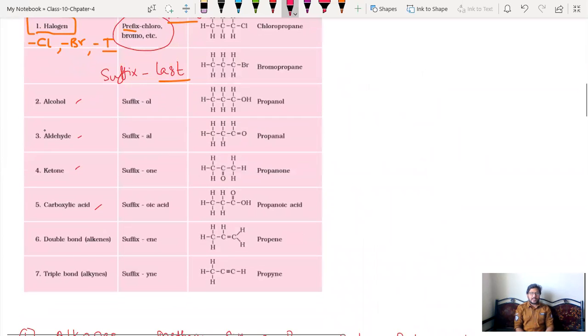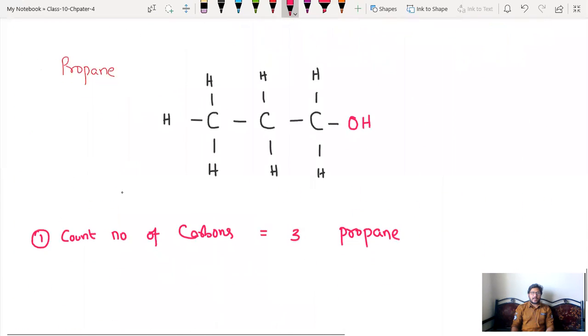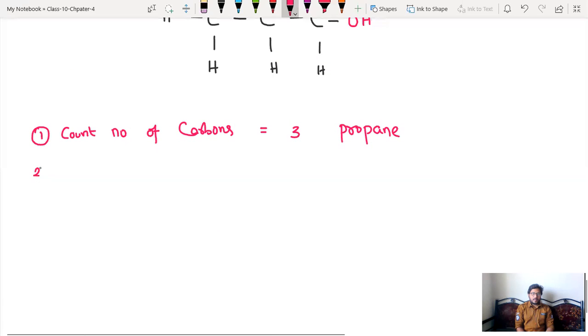And what we are learning today, alcohol, aldehyde, ketone, carboxylic acid, all are suffixes. Suffix means it should be last. If the alcohol functional group is present, what to call this? OL, ol. If the alcohol functional group is present, that should be the suffix, and that is ol. That is the second point. What is the second point in short? Naming the functional group.